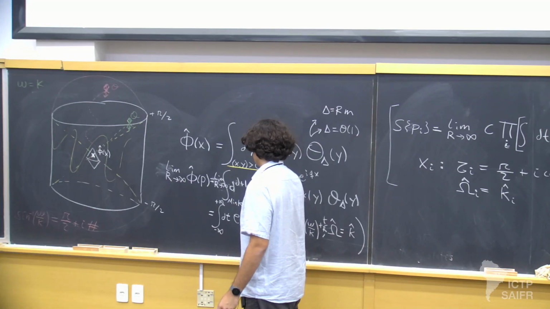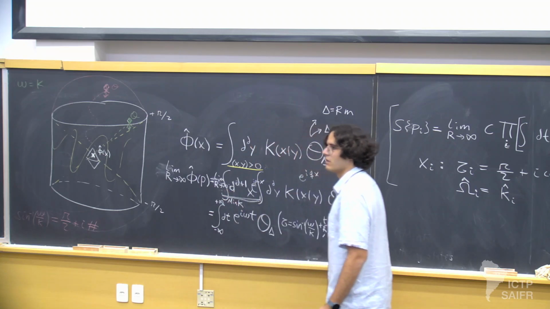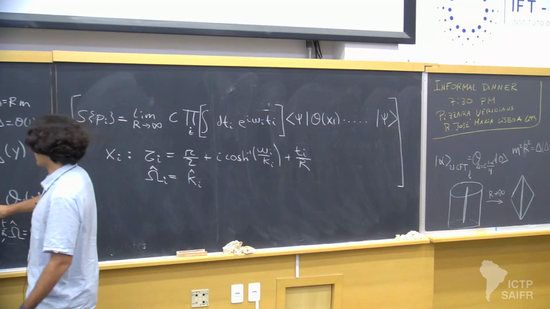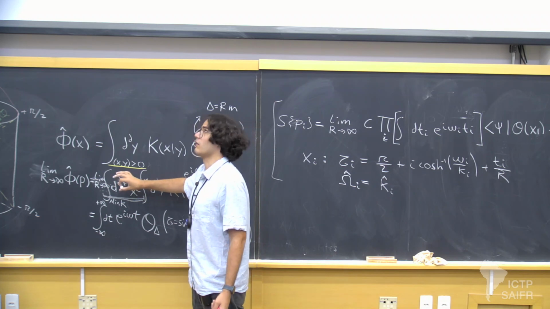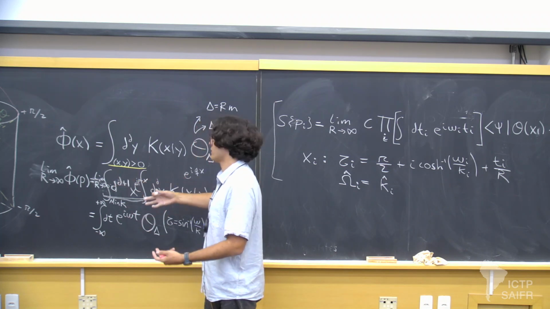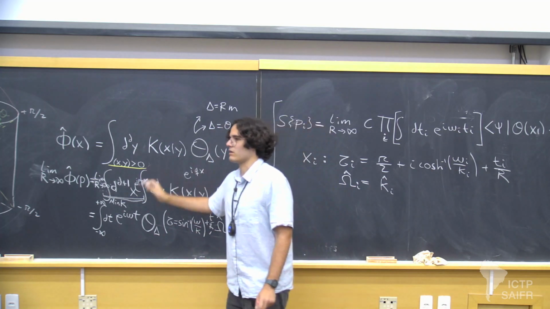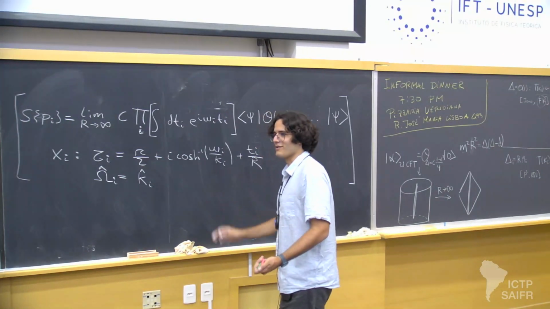I guess in principle, when you take this Fourier transform, you should be careful about doing the LSZ correctly. So if you want to be very rigorous and write the HKLL kernel rigorously, you will have to apply the LSZ reduction formula to this position space operator. But roughly speaking, it's a Fourier transform, right? Very roughly speaking.